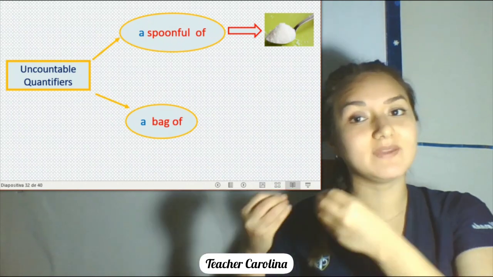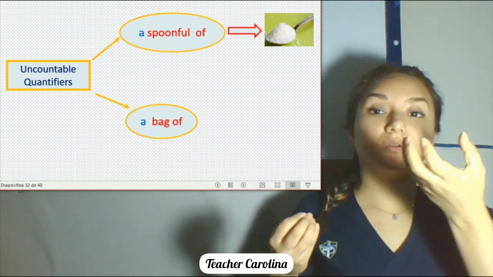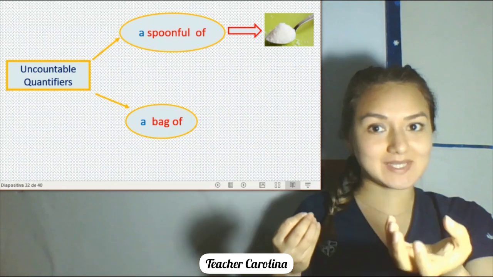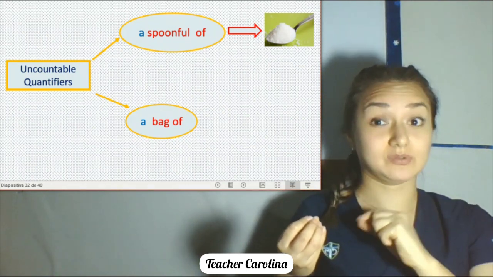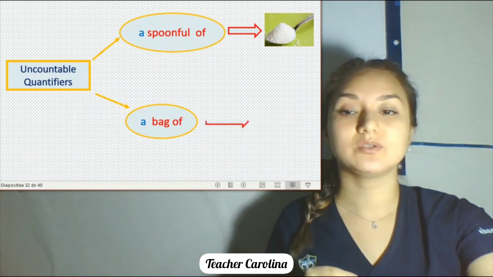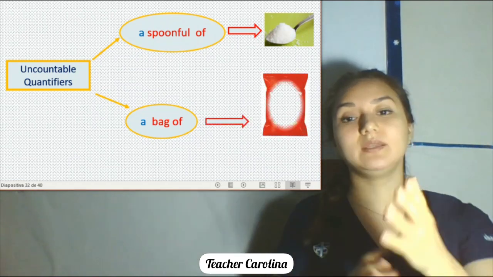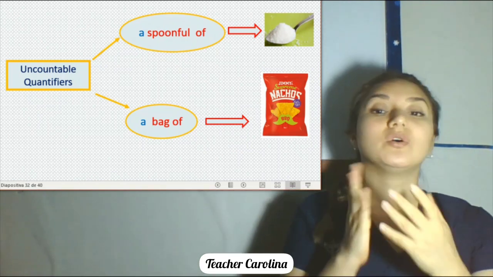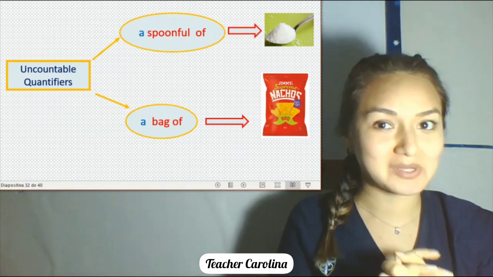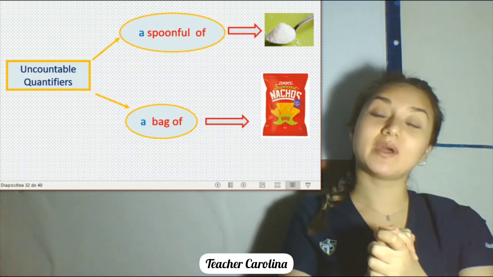Necesitas un cuantificador para poder contar la sal, los líquidos, los que son muy pequeñitos. Okay? So in that case, you have a bag of. And the example, a bag of nachos, right? Also, you cannot count the nachos. Tampoco no podemos contar los nachos, right?